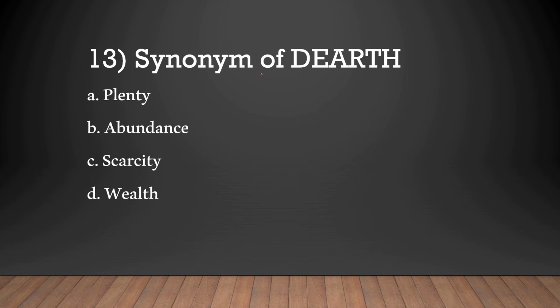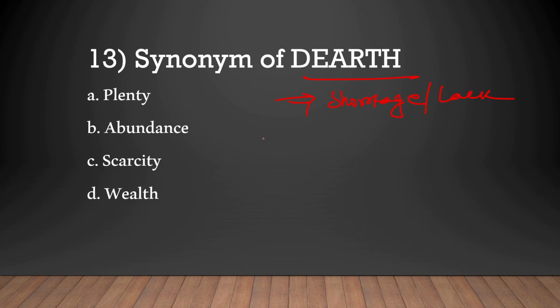Next, synonym of dearth. So the word dearth means a lack or shortage of something. So dearth suggests one kind of shortage of something, or you can say lack of something.